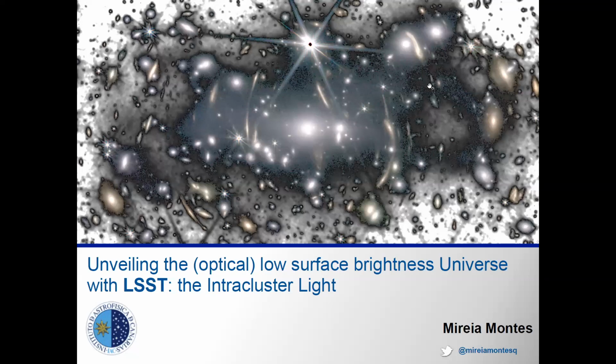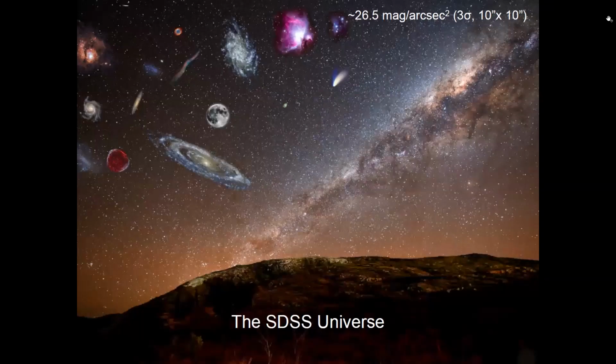Okay. Good. So to give you an idea of why we want LSST for low surface brightness, one of the surveys that have revolutionized our understanding of the universe is the Sloan Digital Sky Survey.